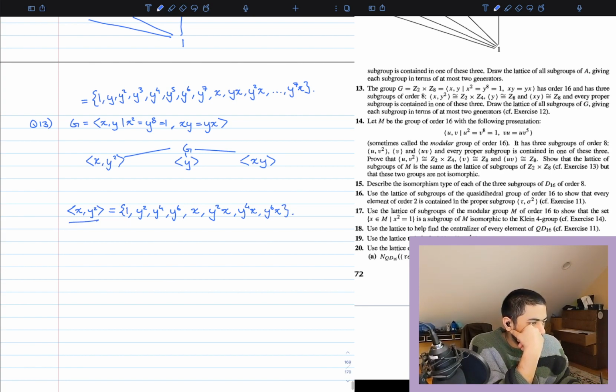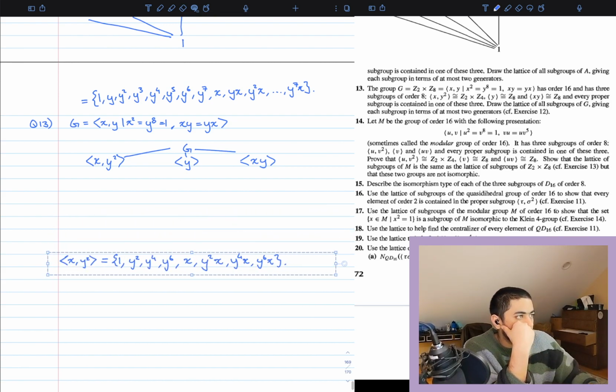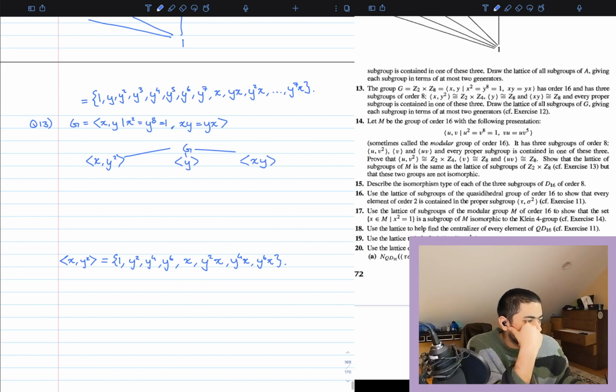Now the group generated by y squared should live inside here as well, so let's put that there. Before that, I just want to move this down a little to make some space. So let's put the group generated by y to the 4 here, and just for continuity we'll put the group generated by y to the 8, which is the trivial group.